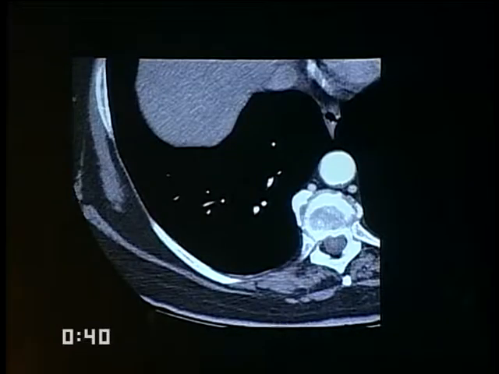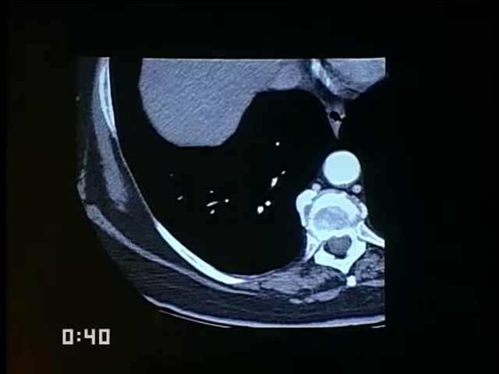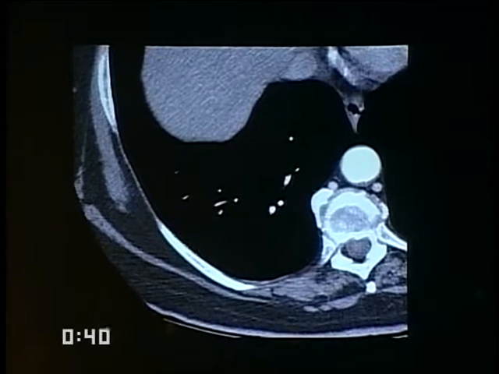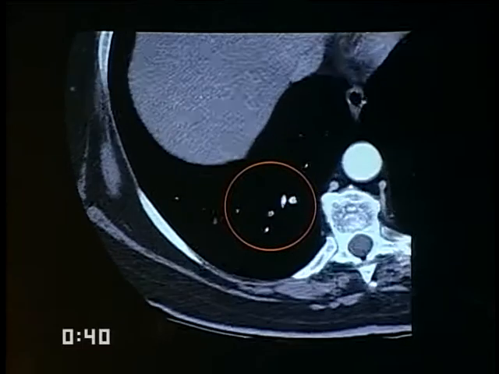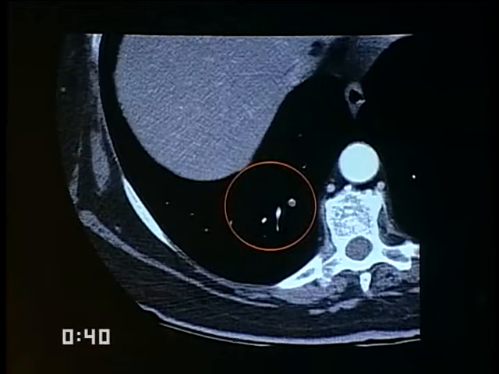On the other hand, if we want to pick up segmental or subsegmental emboli, we need to have rather thinner collimation and more optimal vessel opacification. So here we are in the right lower lobe, and of course the way to interpret these scans is on a workstation using sequential images, which are viewed in this way.